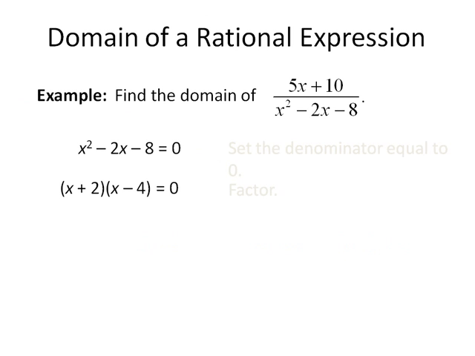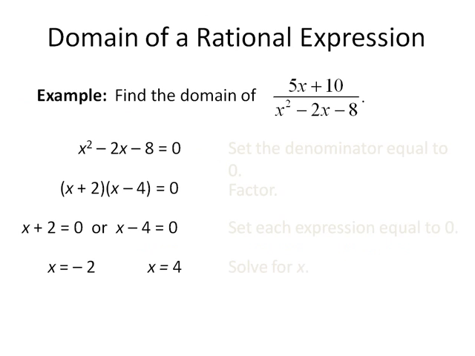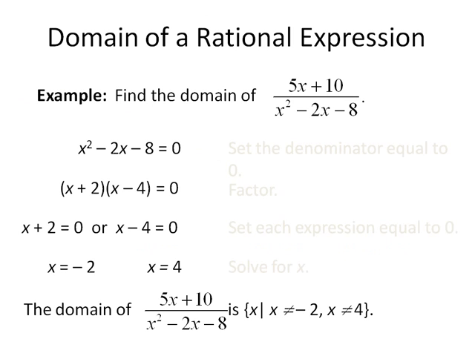Either x plus 2 equals 0 or x minus 4 equals 0. That means x equals negative 2 or x equals 4. So how do you write it in set notation? You say the domain is the set of all x not equal to negative 2, x not equal to 4.